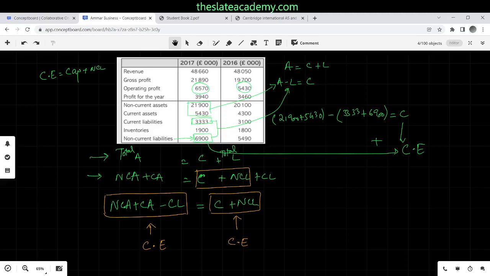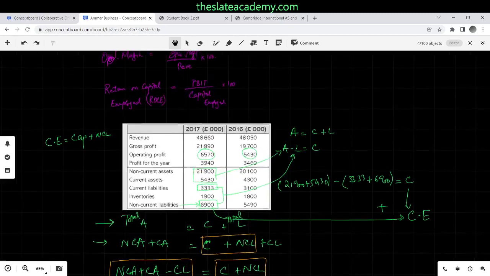Got it? Yeah. So is this just another way of doing it? Okay, and then what is divided by this? This is just calculating capital employed. Yeah, what is on top?